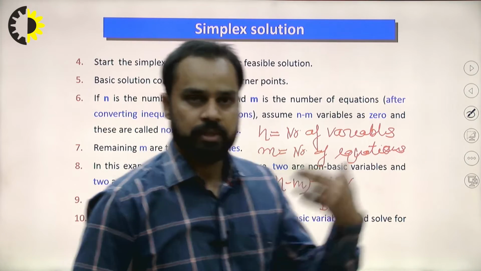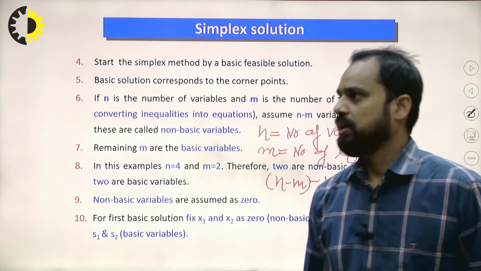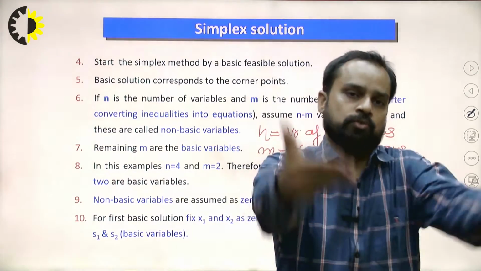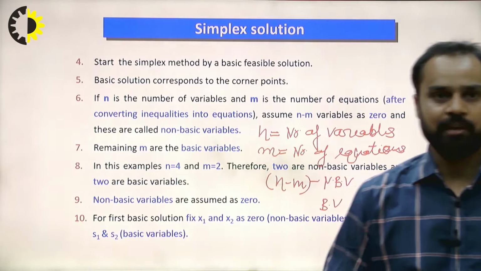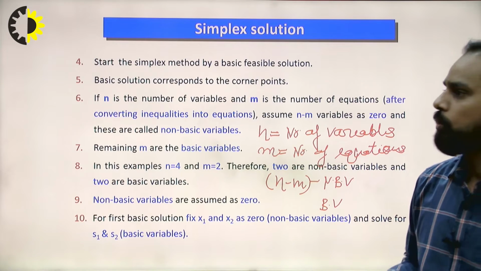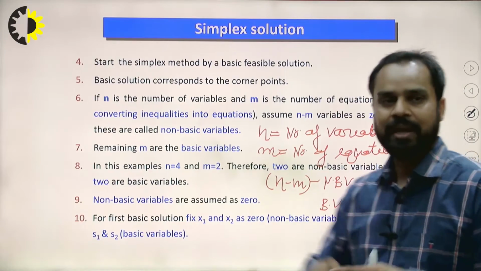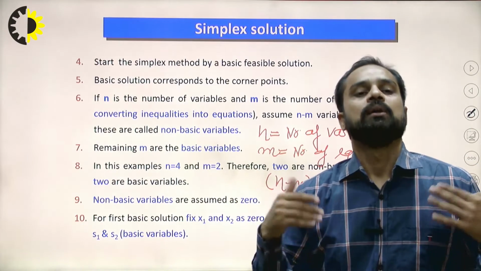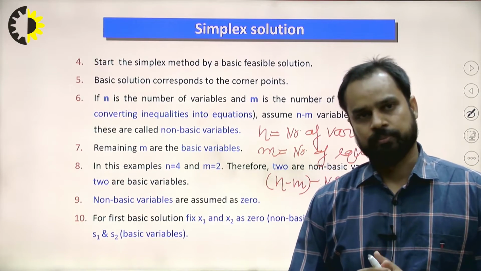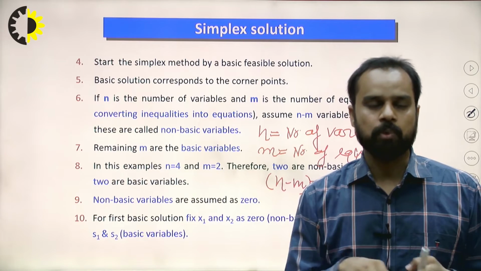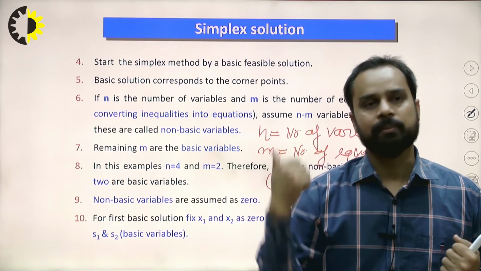So firstly we decide how many basic variables and how many non-basic variables there are, and we obtain the basic variables with the help of the non-basic ones. By fixing the non-basic variables to 0, we get the basic variables, and that solution is the basic feasible solution, and we can tabulate it.